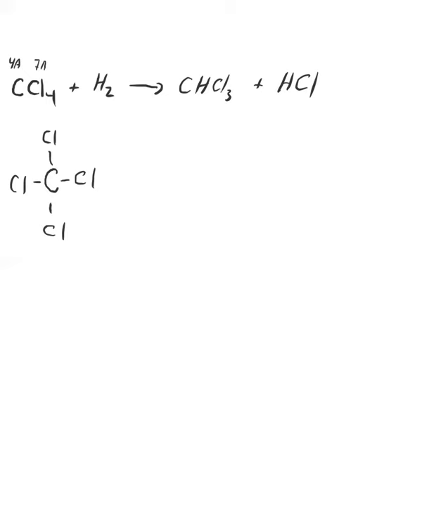So 4 plus 4 times 7, right? There's 4 chlorines, so that's 32 electrons. We've already done 4 bonds, so we've already used 8, so that's 24. Distribute them as lone pairs on the surrounding atoms until you run out of electrons. If you have any extra, put them on the central atom.